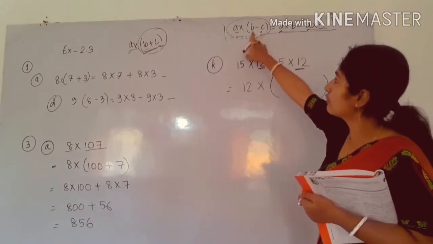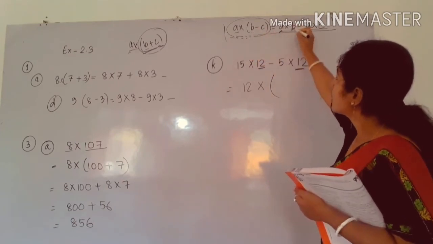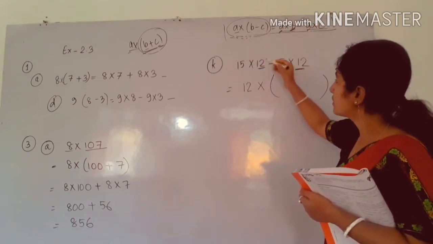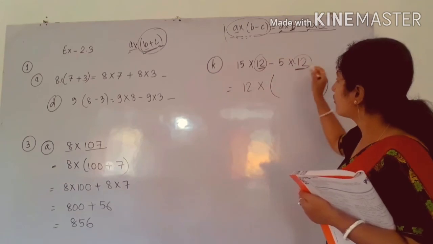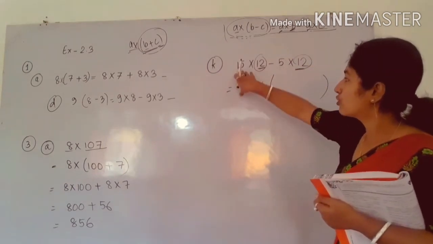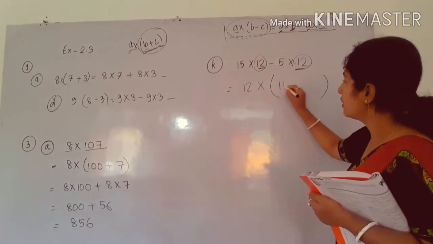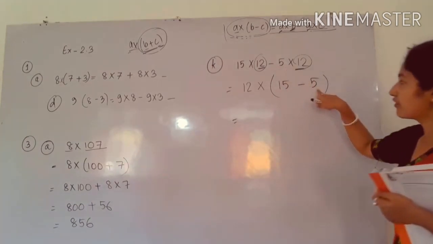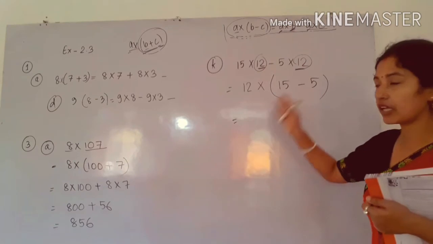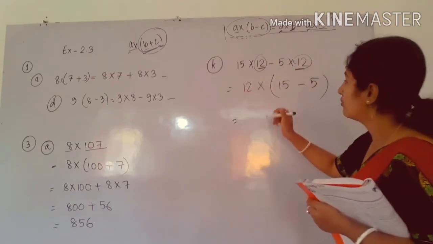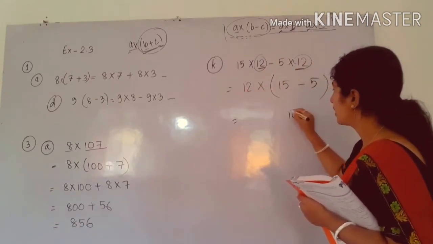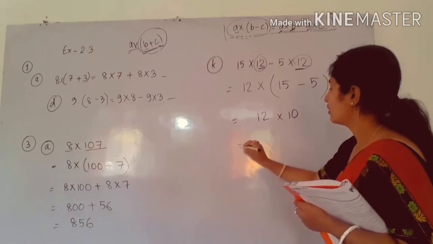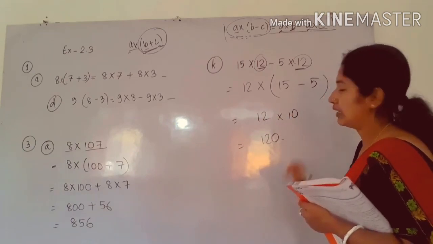In the bracket write B minus C. Here 12 is taken outside, so what is remaining is 15 minus 5, because minus 5 is present. So 15 minus 5 is 10. So 12 into 10 will be 120.